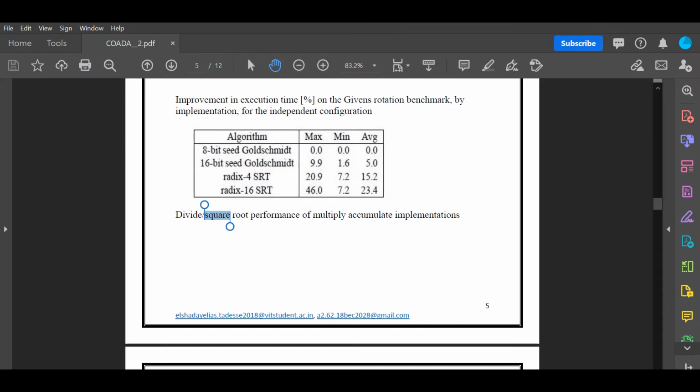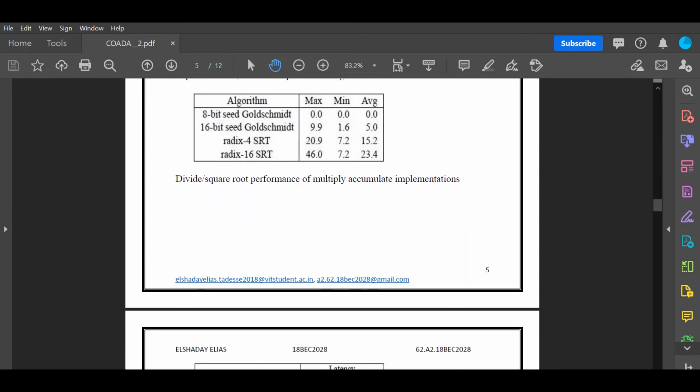Radix 4 SRT has a maximum of 20.9 and a minimum of 7.2 with an average of 15.2, and the radix 16 SRT has a maximum of 46 and a minimum of 7.2 with an average of 23.4.